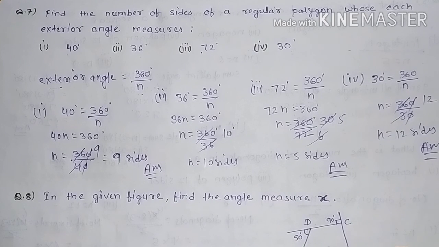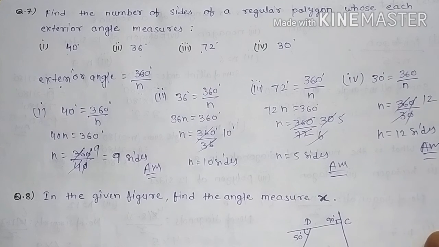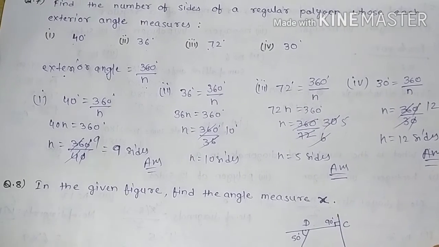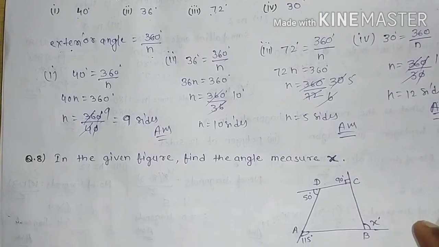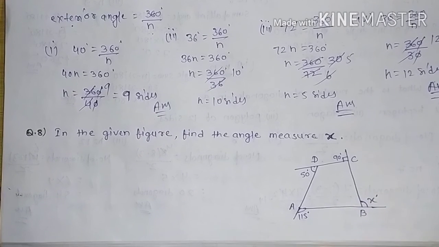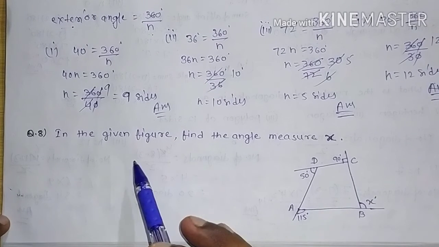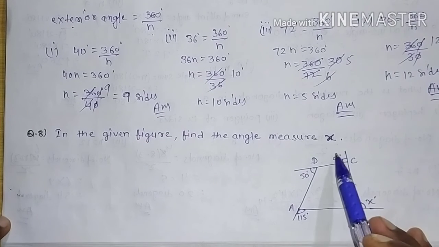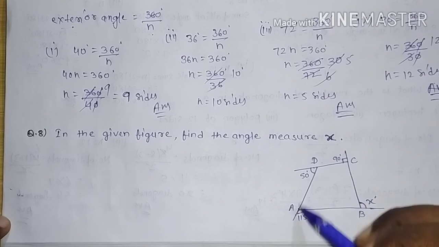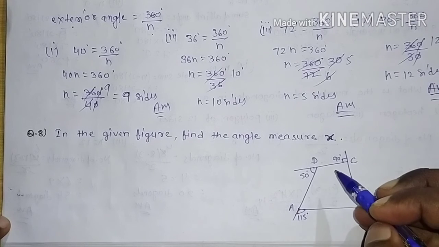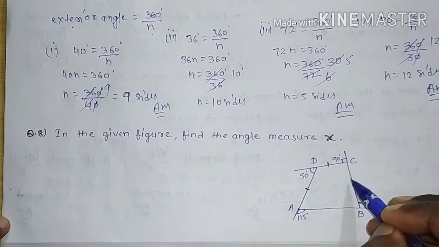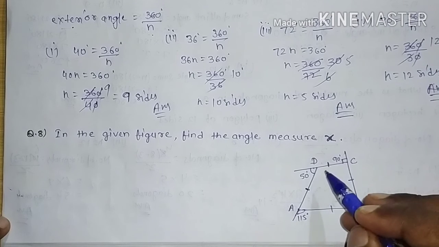Now the next question, question number 8. In the given figure, find the angle measure x degrees. Here the figure is given with 1, 2, 3 and 4 sides.